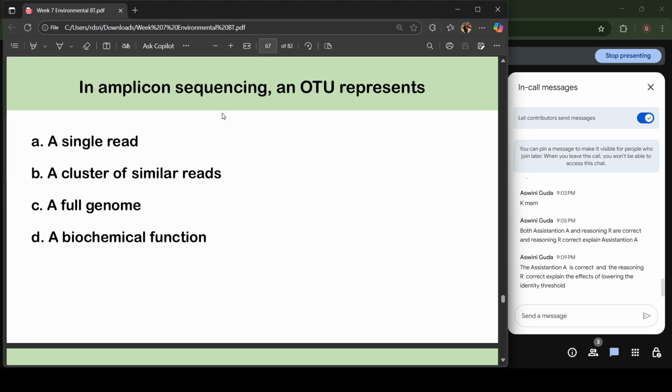The last question is, I hope the previous answer was clear. If not, please let me know. And the last question for today is, in amplicon sequencing, an OTU represents which of the following?